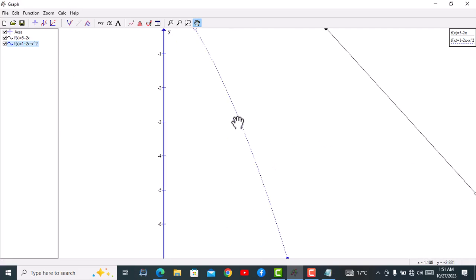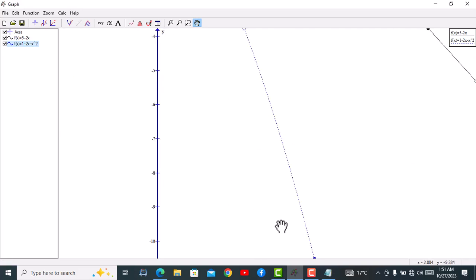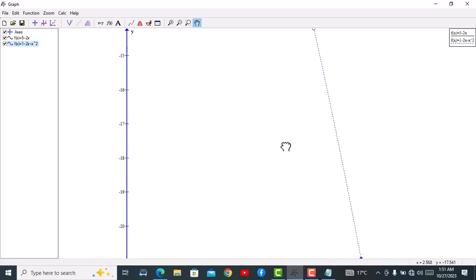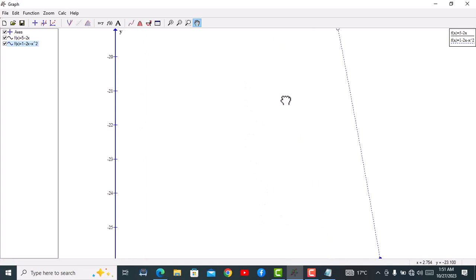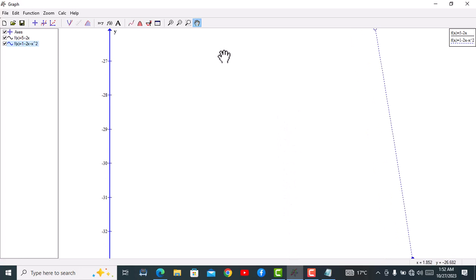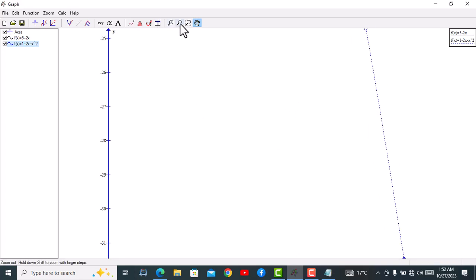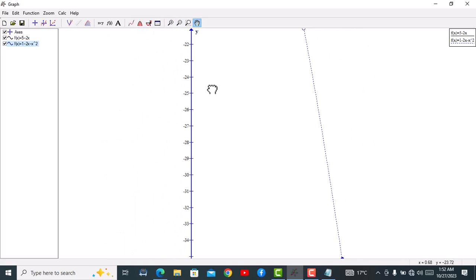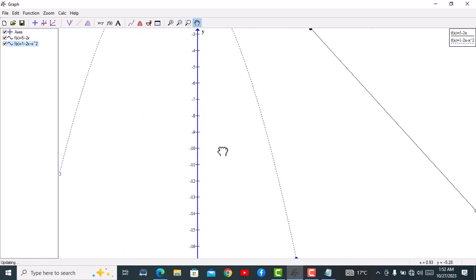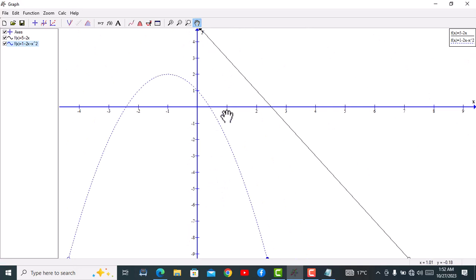I want you to notice that it keeps on going to the right, keeps on going to the right. So we will just say the natural domains of this function will be from 1 to positive infinity.